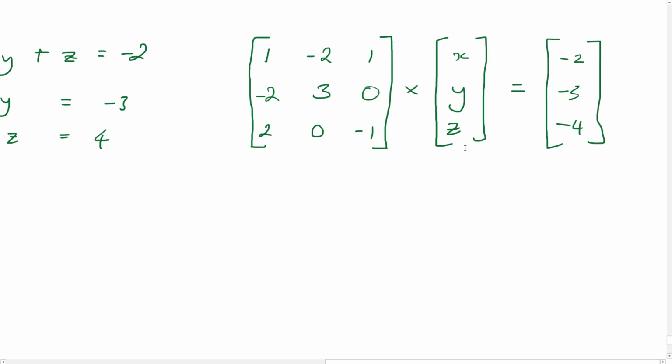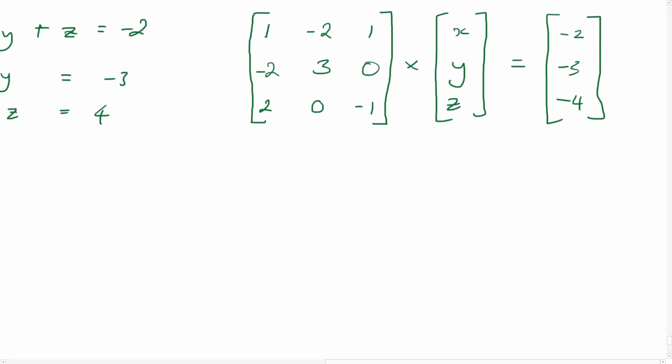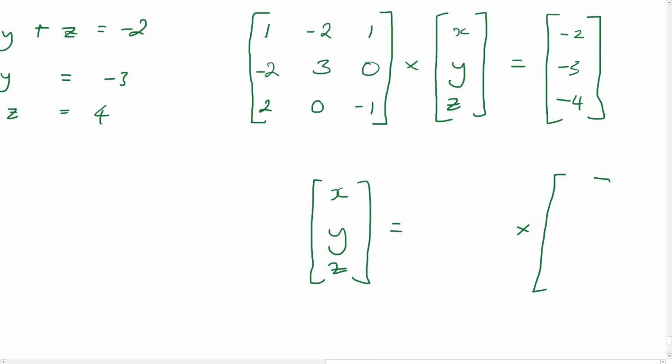So let's find the inverse of this matrix here. Your equation is going to look like this. Remember, you're trying to find the x, y, and z variables. X, y, z is equal to whatever the inverse of it was times that answer matrix. So -2, -3, and 4.